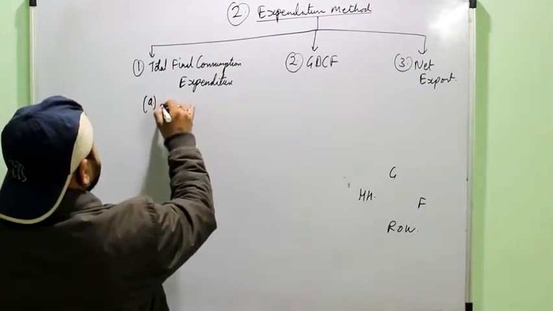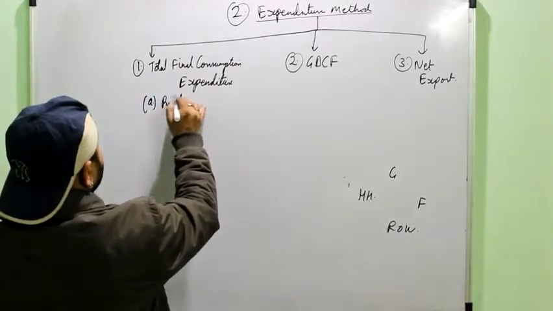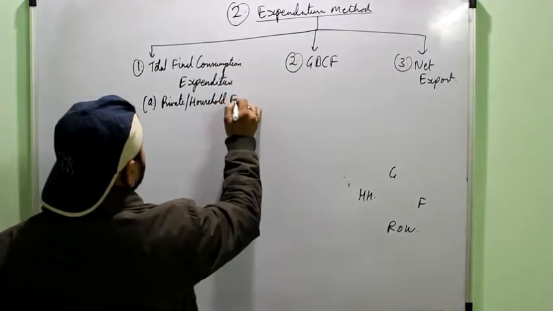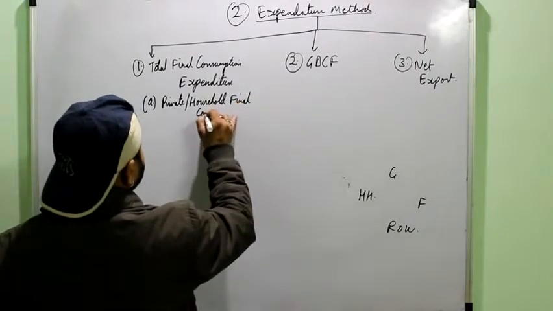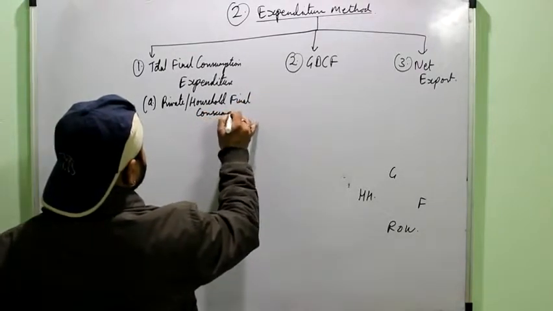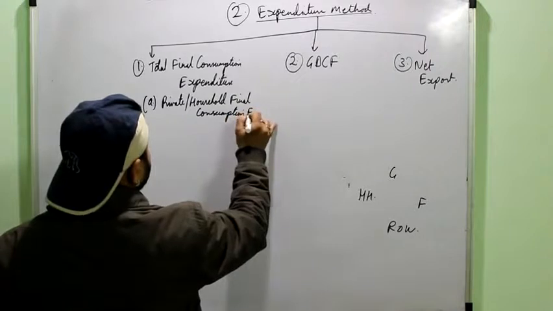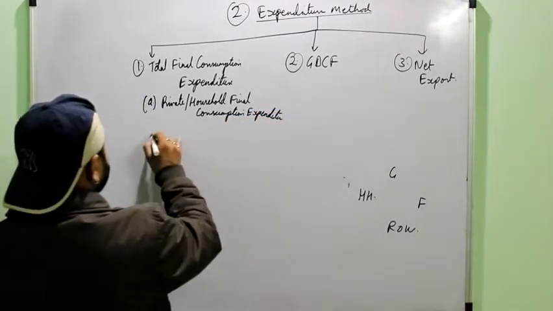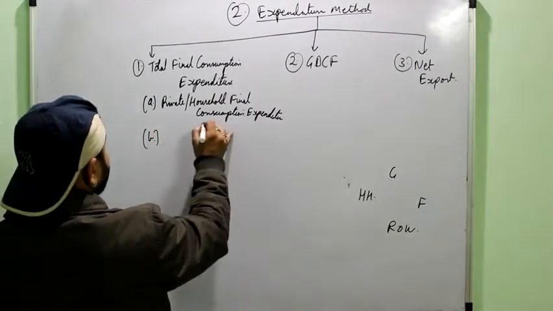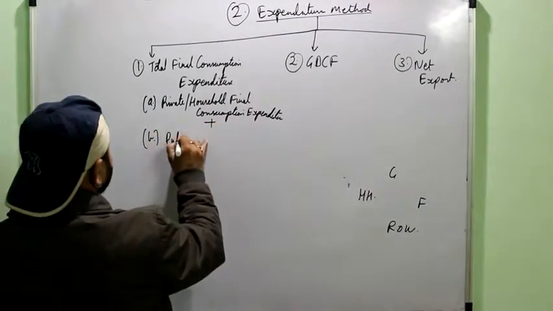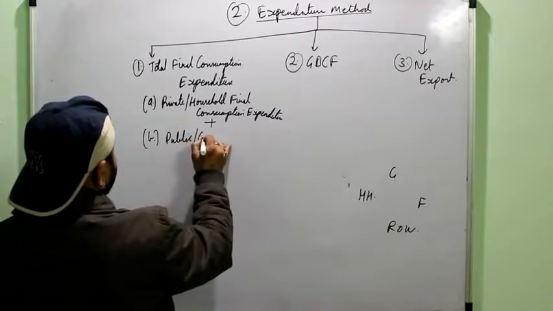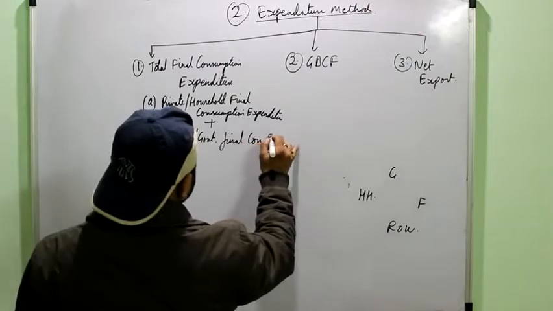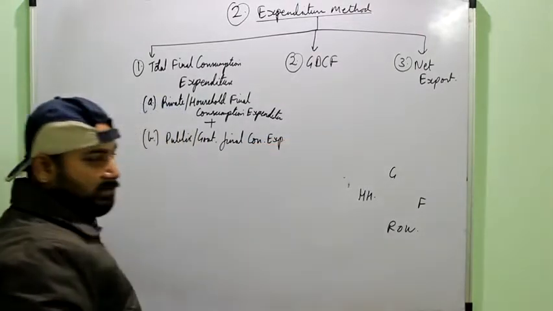So it means first thing is the private or the household final consumption expenditure. Second is plus the public or the government final consumption expenditure.